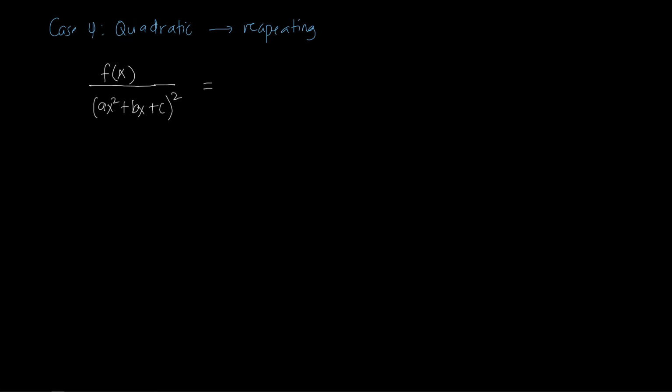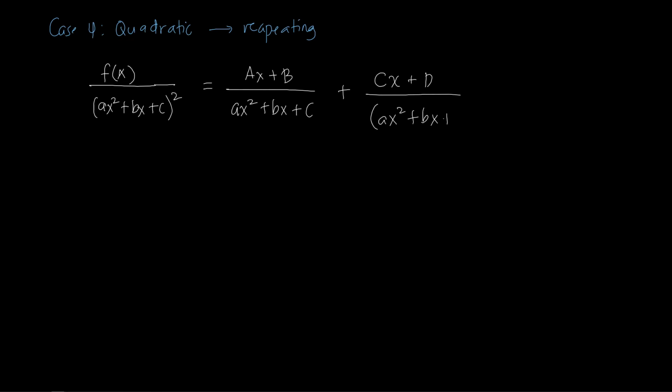Since it's quadratic, our numerator is ax plus b over ax squared plus bx plus c, with just an exponent of 1. Then the next one has an exponent of 2. So, ax plus b is still the form on top. So, it's x plus d on top, over ax squared plus bx plus c squared. Did you follow?